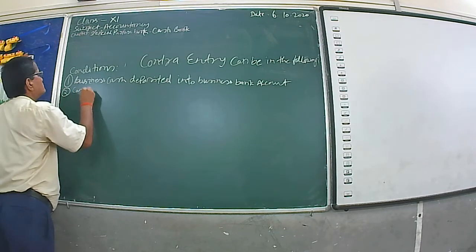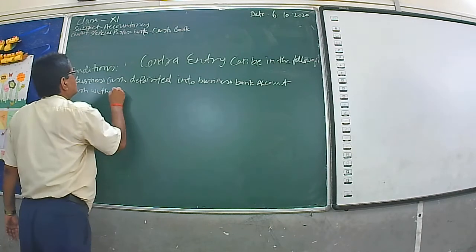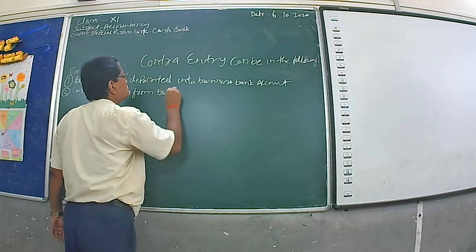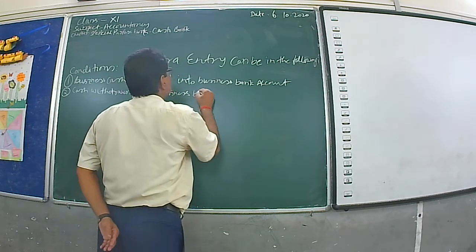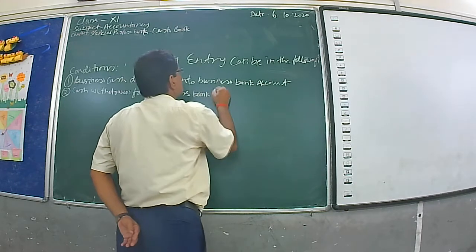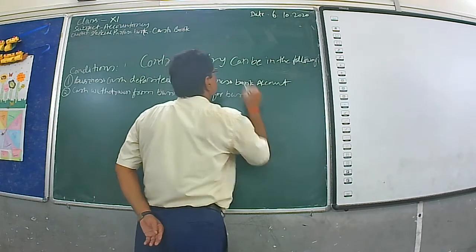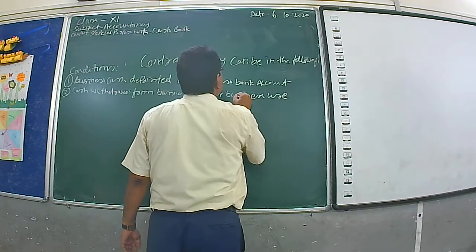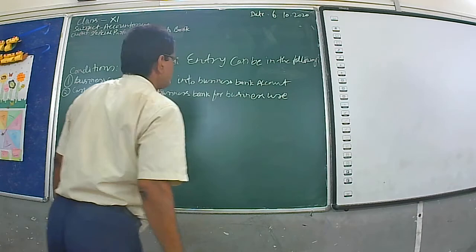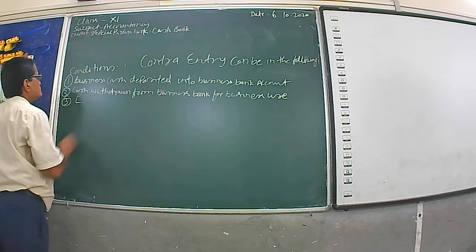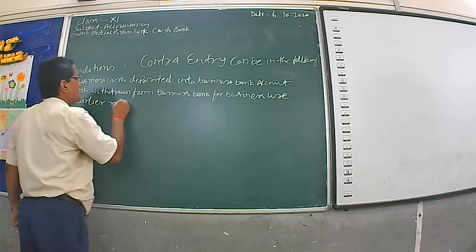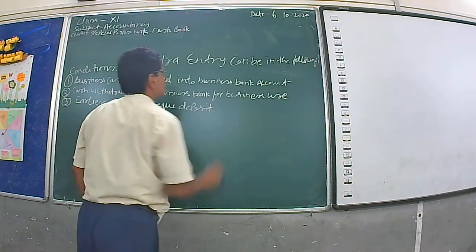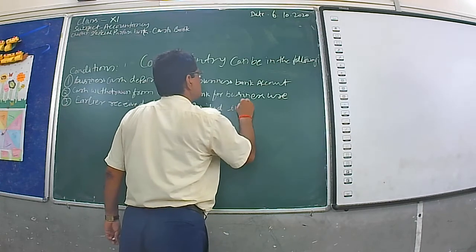Number two, cash withdrawn from bank for business use. Number three, an earlier received check deposited into bank.